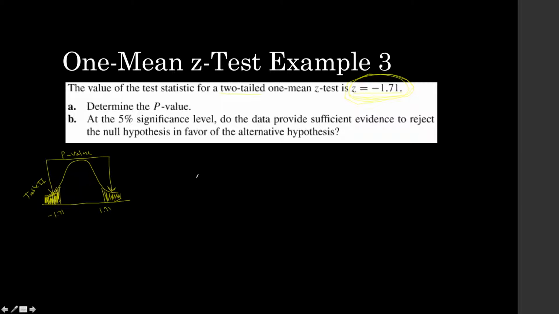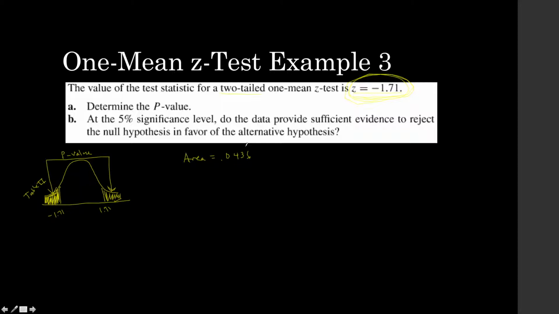Okay, so go to table 2, find negative 1.71, and figure out what the area is. The area to the left of negative 1.71 is going to be 0.0436. And if you flip to the back, you can confirm that.